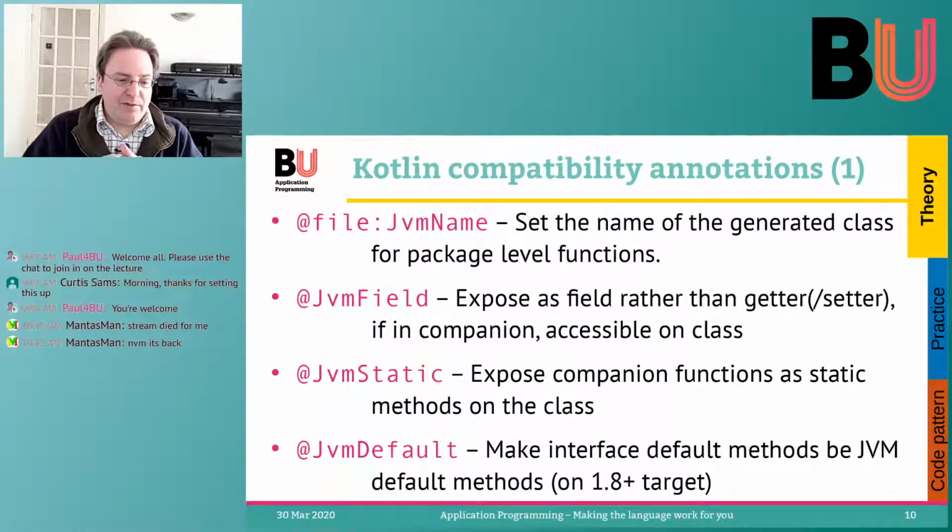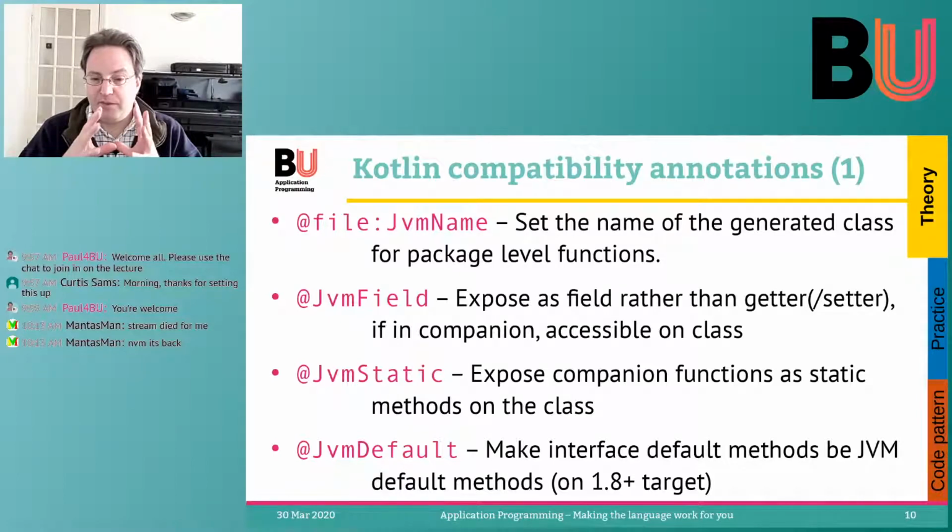And finally, we have default interface methods. Kotlin supports default interface methods on older versions of Java. It can work on Java 1.6, and default interface methods were only implemented, I think, in 1.8. Could be 1.7.